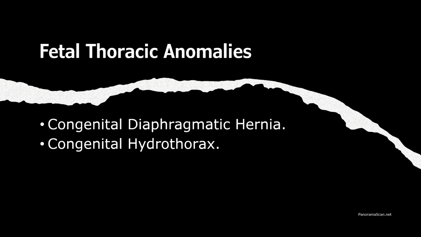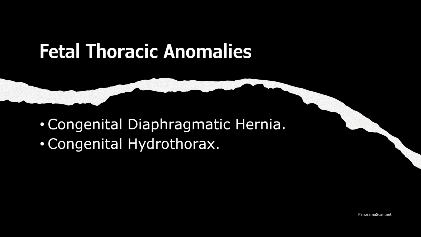Let's move on to the next section of our lecture. In this section, we will discuss fetal thoracic anomalies. We will focus on two key conditions. Congenital diaphragmatic hernia, which is a defect in the diaphragm that allows abdominal contents to move into the chest cavity.